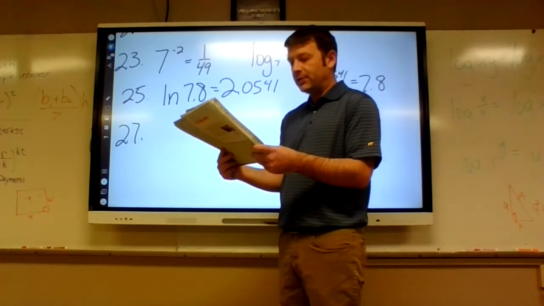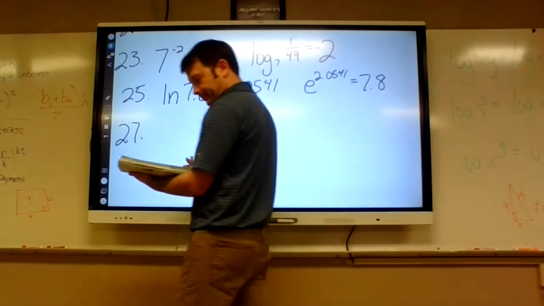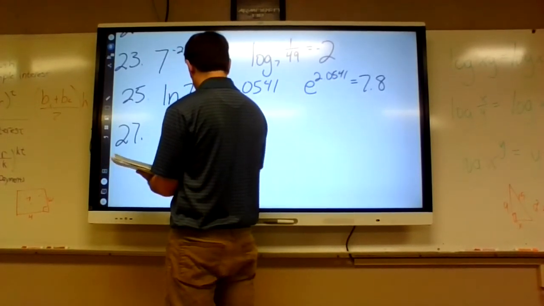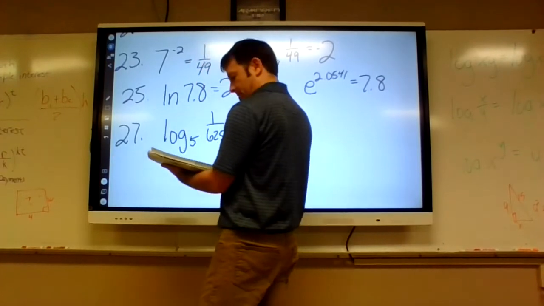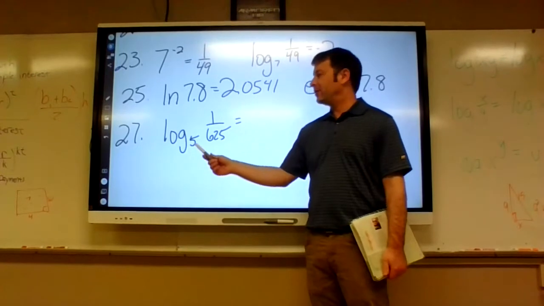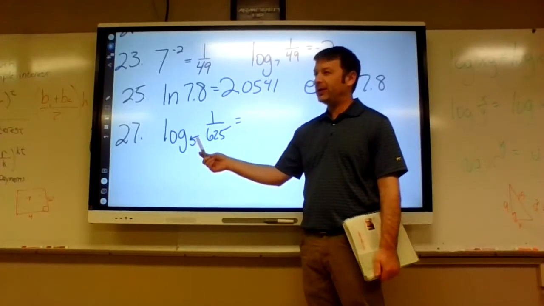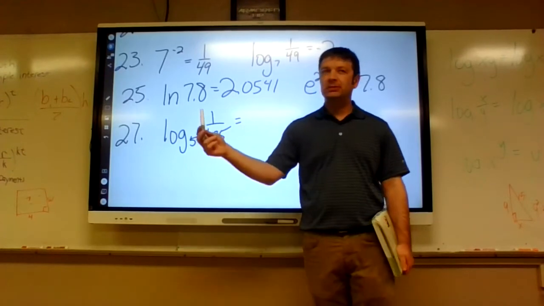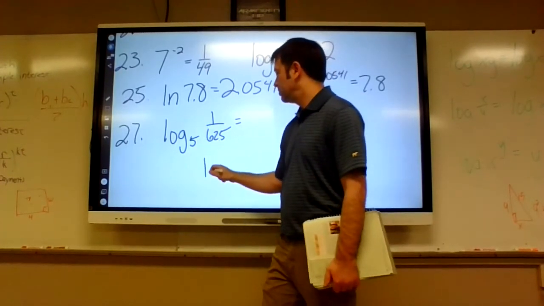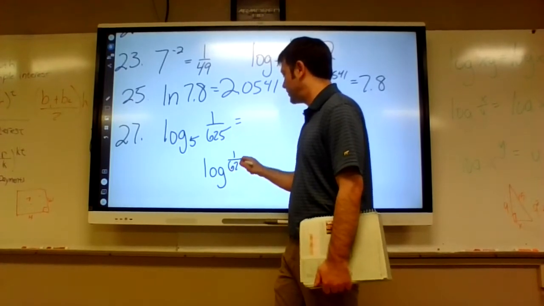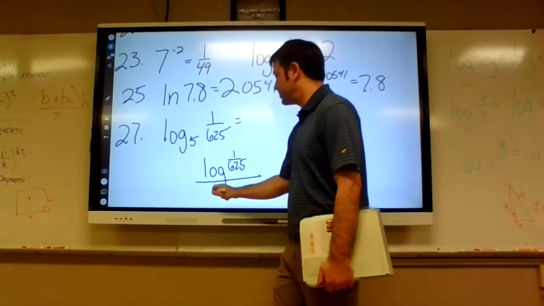Number 27. Log base 5 of 1 over 625. Okay, well, I think I could figure this out without a calculator, but how would I do it with a calculator? Log of 1 over 625 divided by, you guys remember this trick?